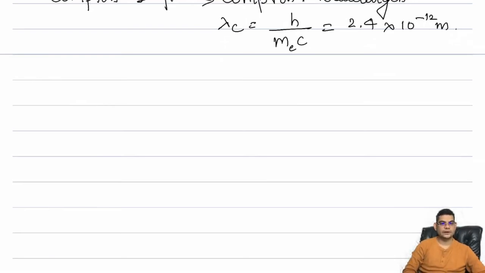Now after calculating the Compton shift, we calculate the kinetic energy of the electron after collision. The second part, kinetic energy of the electron.